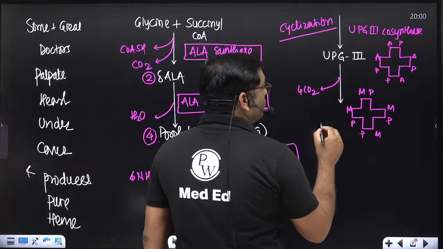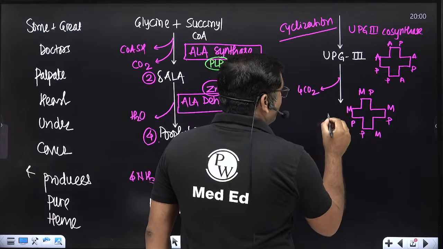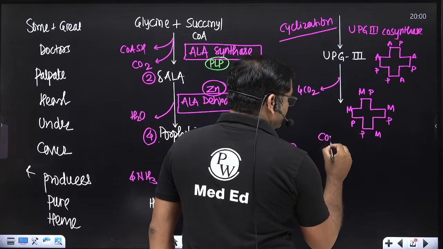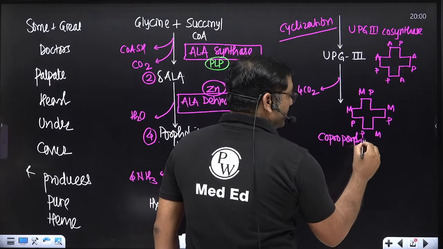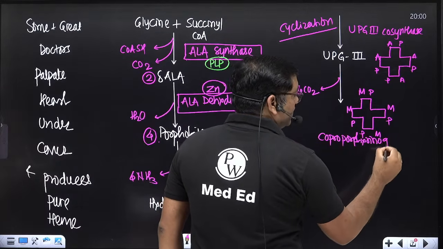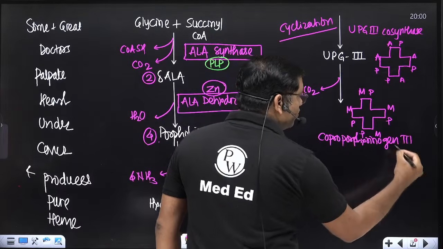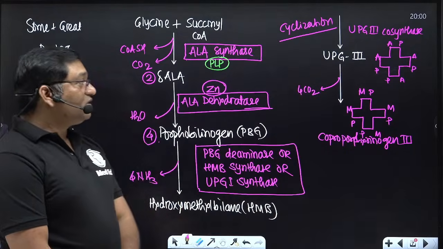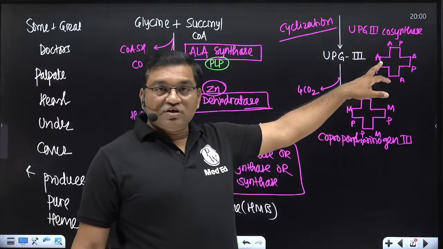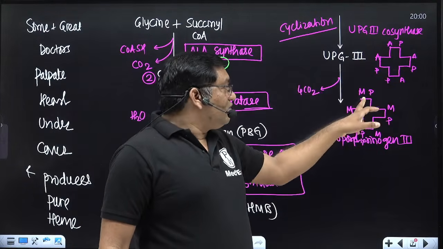So this molecule is known as coproporphyrinogen. So uroporphyrinogen 3 is converted into coproporphyrinogen 3. So got the point. Acetyl groups are converted into methyl groups.